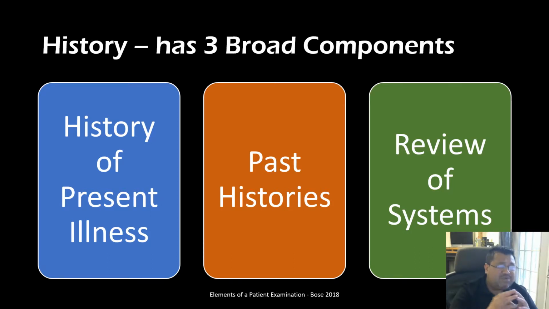Typically, that happens within the last 30 days or so. Not a rule, but that is very common. Now, past histories deal with all other medical histories that have happened in the past. And the review of systems is a very special part of history. So let's take a look.